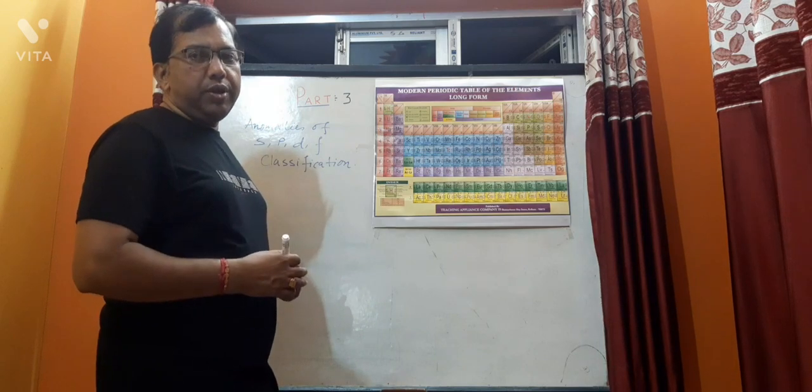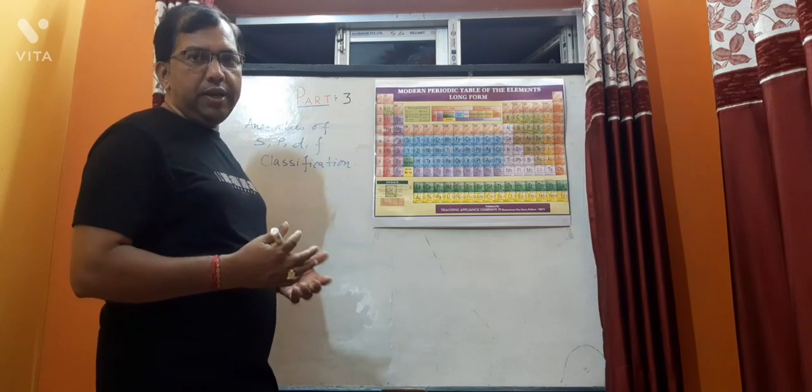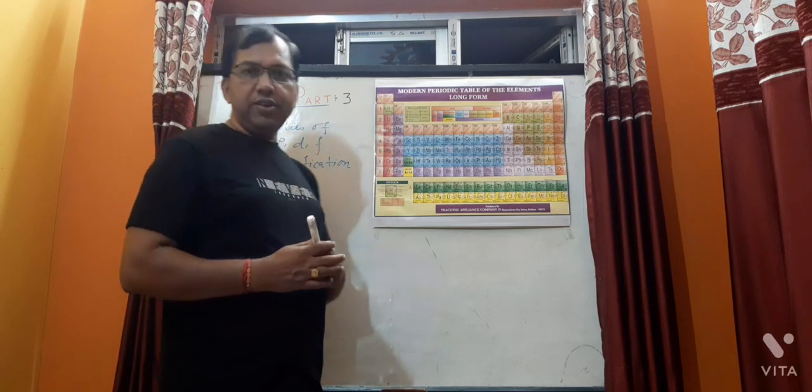What we see in the position of hydrogen and helium: what is the electronic configuration of hydrogen?